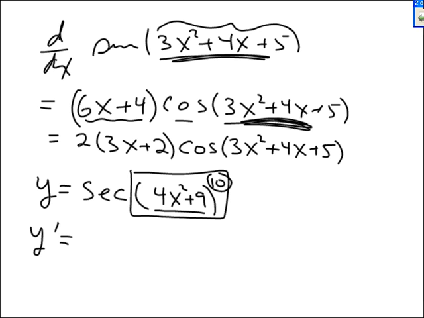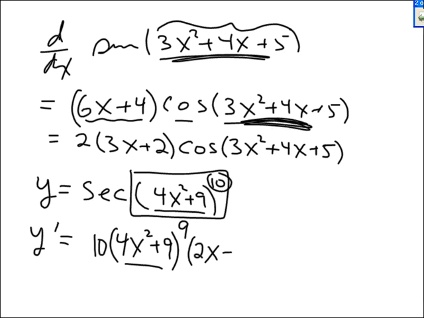A function to the power, we use the general power rule. You keep the base the same, you bring the power up, make a new power 1 more, and you take the derivative of what's inside. 8x. Just 8x. Okay. So far, all we did was take the derivative of the angle.